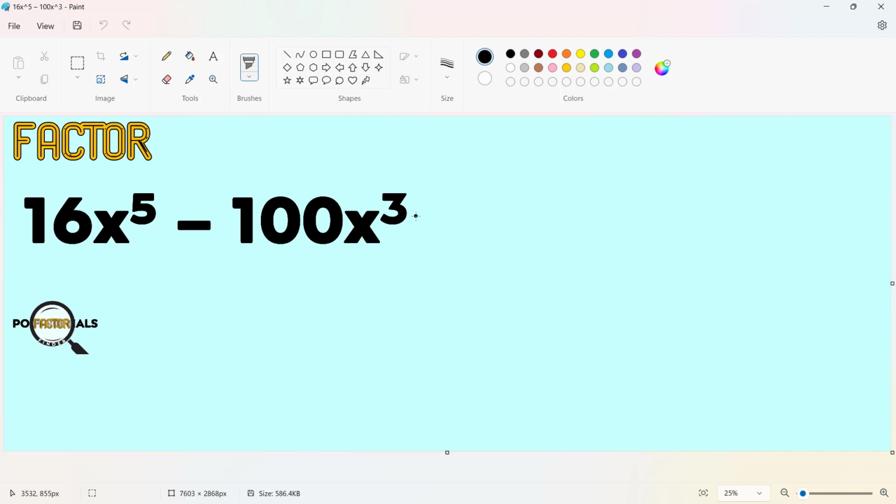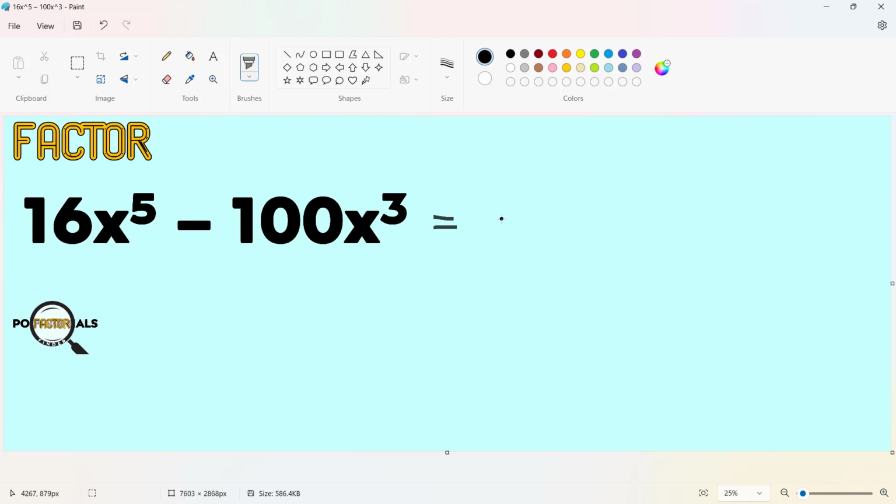In short, even if the numerical coefficients 16 and 100 are perfect squares, the literal coefficients, specifically x to the power 5 and x cubed, are not perfect squares. In short, we cannot use difference of two squares here yet. I mentioned yet because, as mentioned in our guide earlier, let's start with the common monomial factor. So let's factor it here.